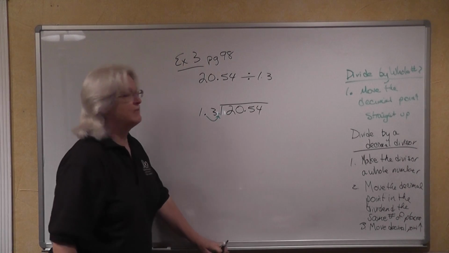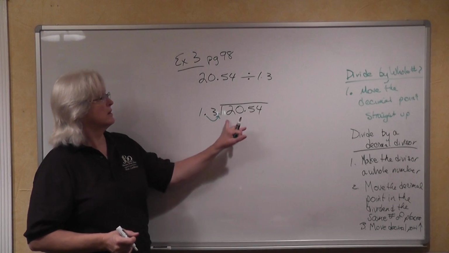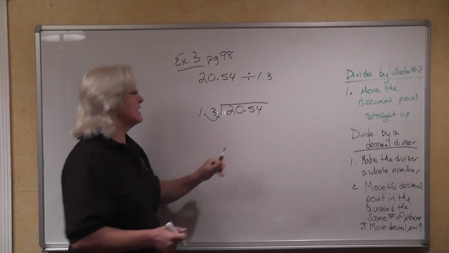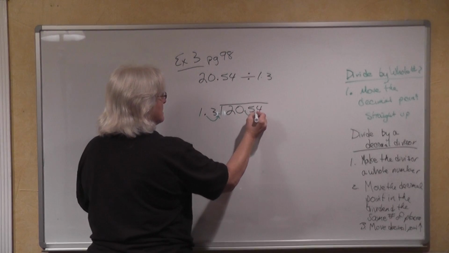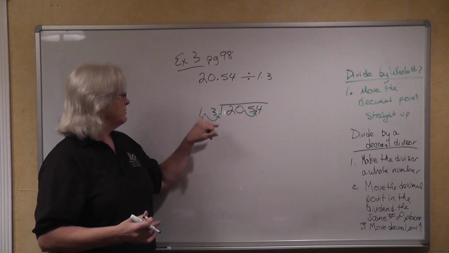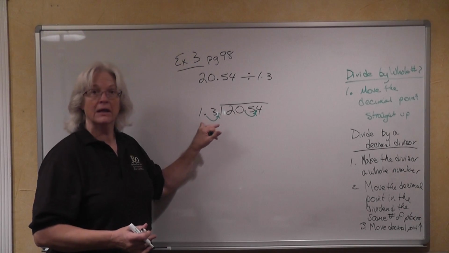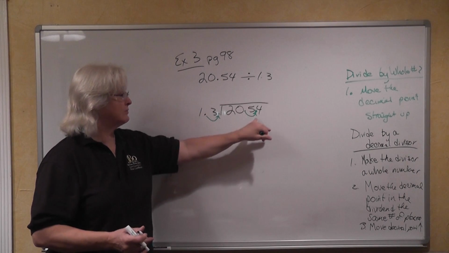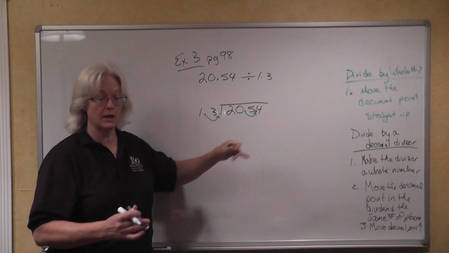So we now have that as a whole number. If we move that decimal point, we have to now move the decimal point in the dividend the same number of places to the right. We move the decimal point one place to the right in the divisor, and one place to the right in the dividend as well.